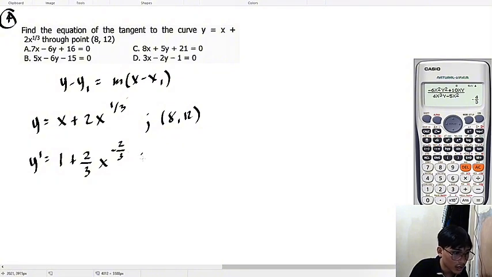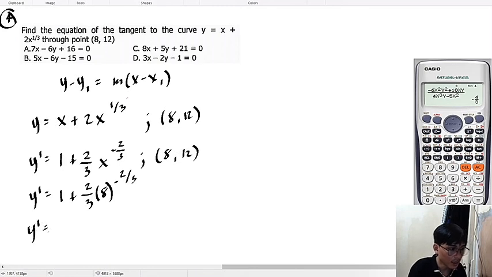And then substitute (8, 12) to this function. We don't have y, so we just substitute the 8. So we have here 1 plus 2/3, and then the x is 8, raised to negative 2 over 3. So y prime, or the slope of our tangent line, is simply, we need to calculate. Wait.